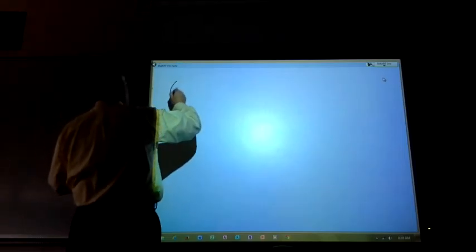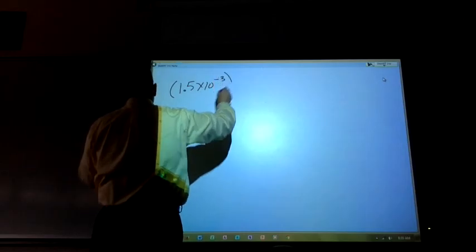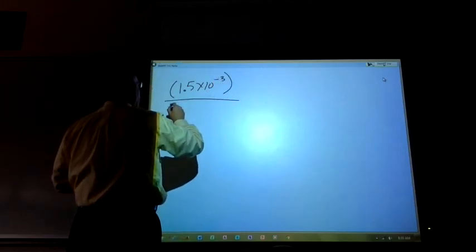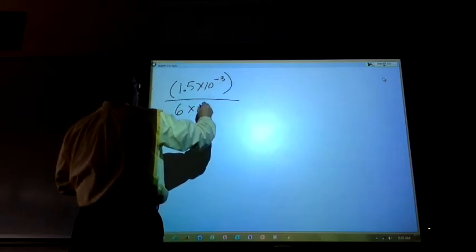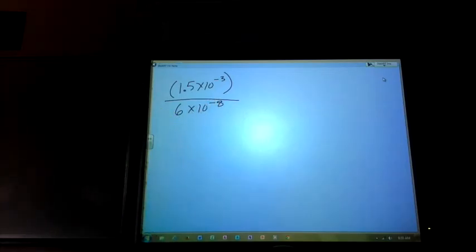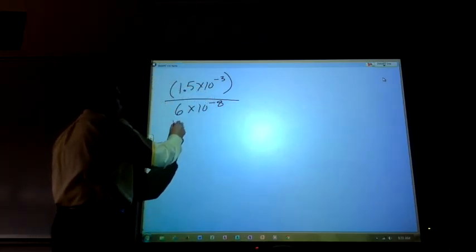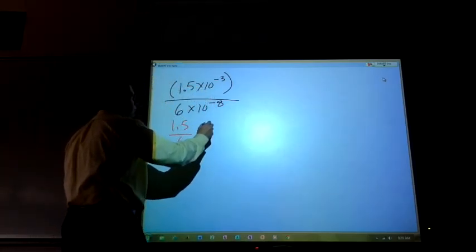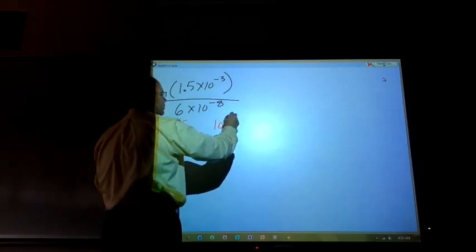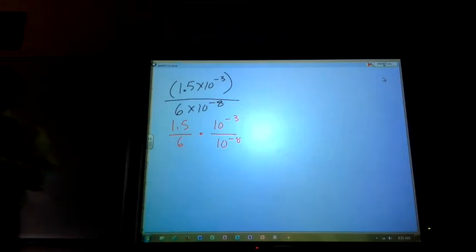All right. We got time for one more. If I had 1.5 times 10 to the negative 3, and that was over 6 times 10 to the negative 8, I am going to treat this problem like this. Somebody help me out.